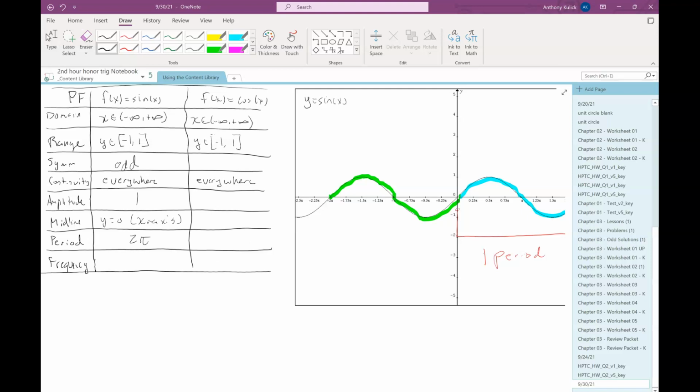And then the frequency is talking about how many periods you have per one unit length. So the frequency is, by definition, the reciprocal of the period. Everybody's okay with that? Okay.